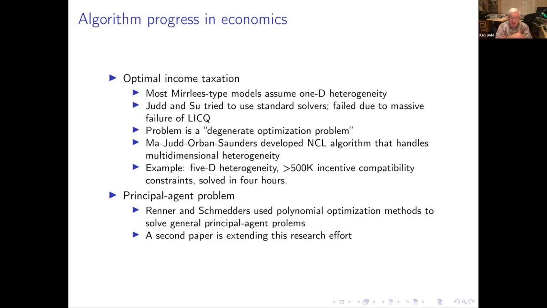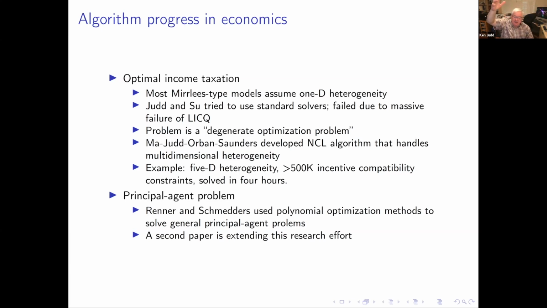And this paper has an algorithm, the NCL algorithm, that can solve optimal income tax problems with multidimensional heterogeneity. And the best example in that paper was people differ in 5 dimensions. You end up with over 500,000 incentive compatibility constraints.